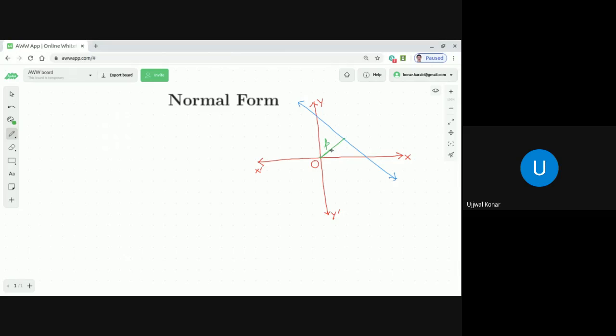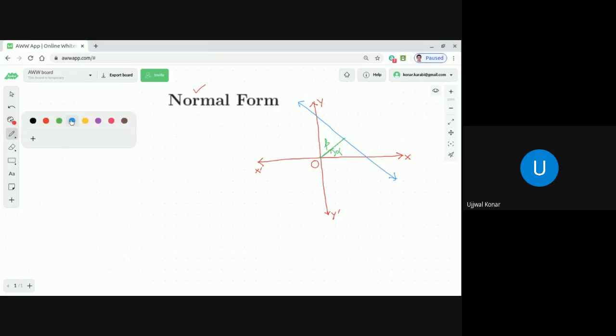That means this angle is alpha. As it is a perpendicular, that is why it is known as the normal form, dear students. And alpha is the angle made by this normal with the positive direction of the x-axis.